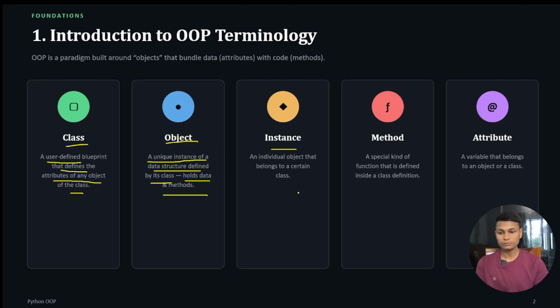Now we have method. So what is a method? Why did we name it a method? A method is a special kind of function that is defined inside the class definition.